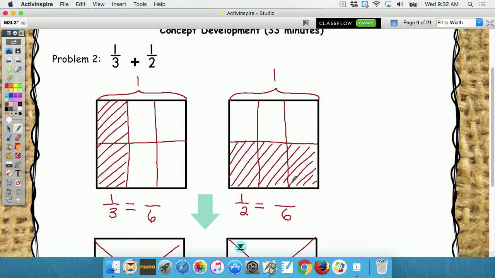So how many are shaded here? 2. And how many are shaded here? 3. Now I can make a problem. 2/6 plus what? 3/6. Equals 5/6. You have to make sure and add.